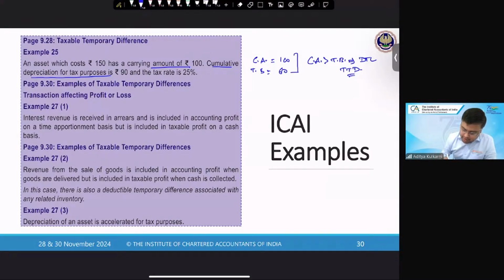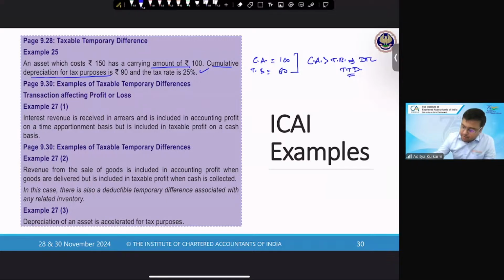Interest revenue is received in arrears and is included in accounting profit on a time apportionment basis, but is included in the taxable profit on a cash basis. So what does this mean? I have interest receivable as an asset, correct?